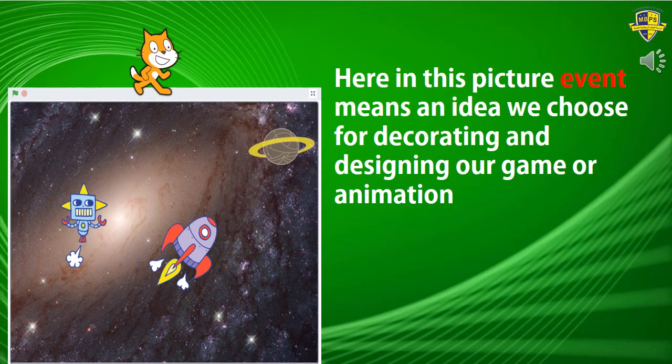Dear students, in the previous slide it was explained what event blocks are, right? And here it is explained what an event is. Here in this picture, event means an idea we choose for decorating and designing our game or animation.